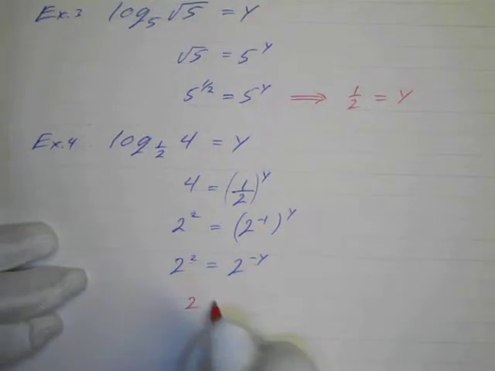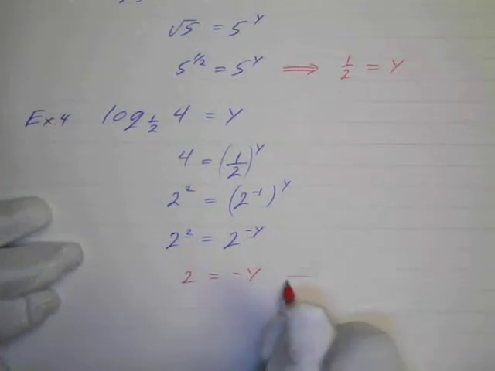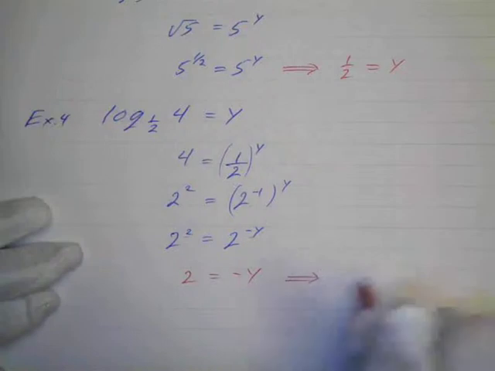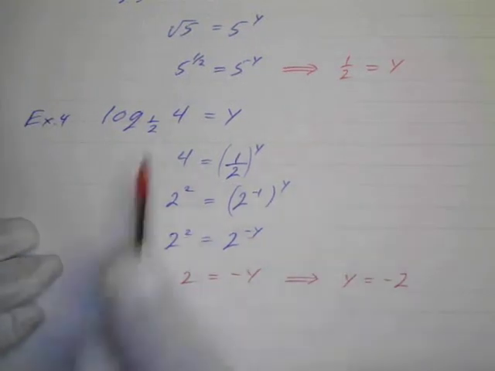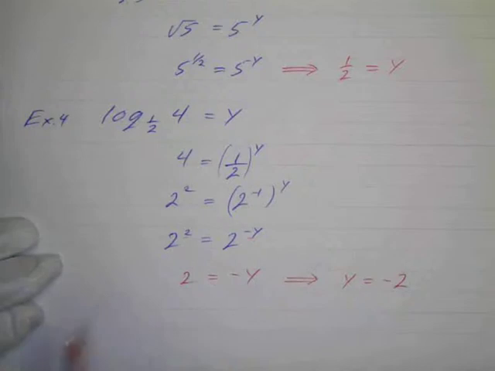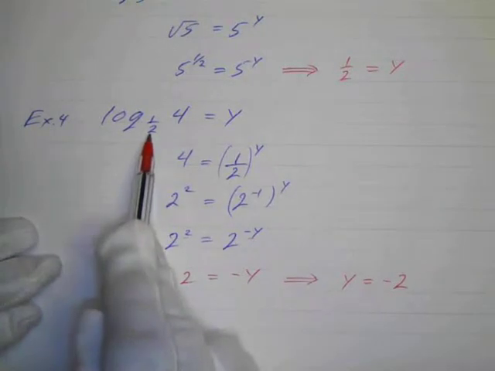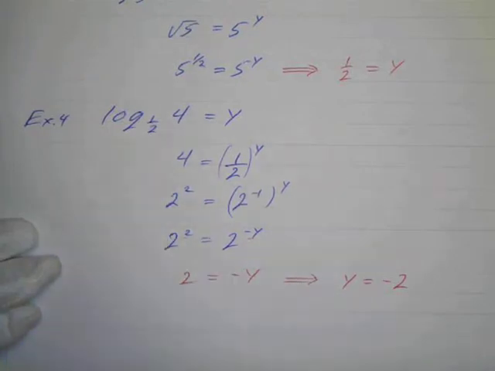So I get 2 equals negative y. And that implies that positive y equals negative 2. So this would be negative 2. So 1/2 to the negative 2 equals 4. So if you take 1/2 to the negative 2, that's going to be 2 to the positive 2, and 2 to the positive 2 is 4. So that makes sense. All right?